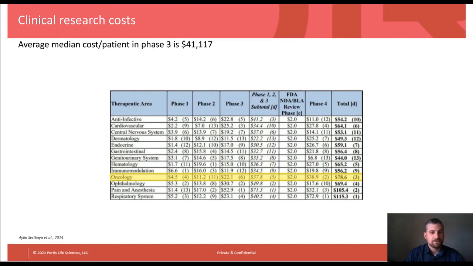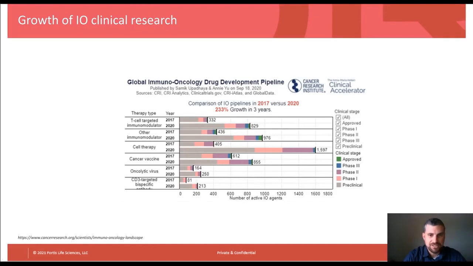So obviously, front-end mistakes and a lack of validation could potentially result in hundreds of millions of dollars worth of losses for either the biotech companies working through these, labs working through these, licensing agencies working through these, and for patients as well. And this is particularly interesting in the IO space, because as you can see here, we've got a comparison of IO research and IO therapeutic and IO clinical research, and how that's changed some between the years 2017 and 2020.